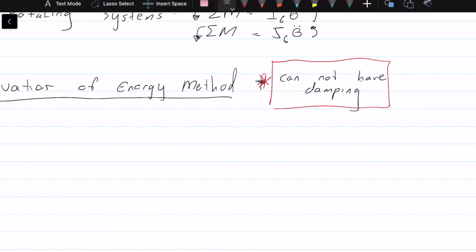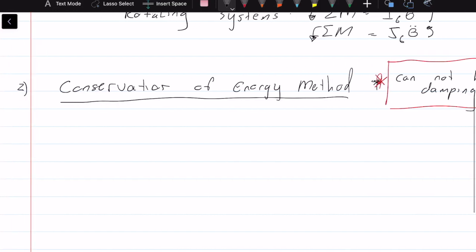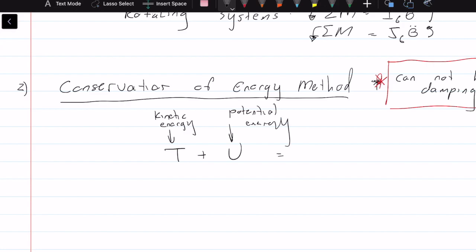Later on towards the end, we will figure out a way around this, but for now, this is how it goes. Essentially, the conservation of energy says that the total mechanical energy is conserved. Therefore, the time derivative must be equal to 0. So T plus U, where T is our kinetic energy and U is our potential energy, is equal to a constant.